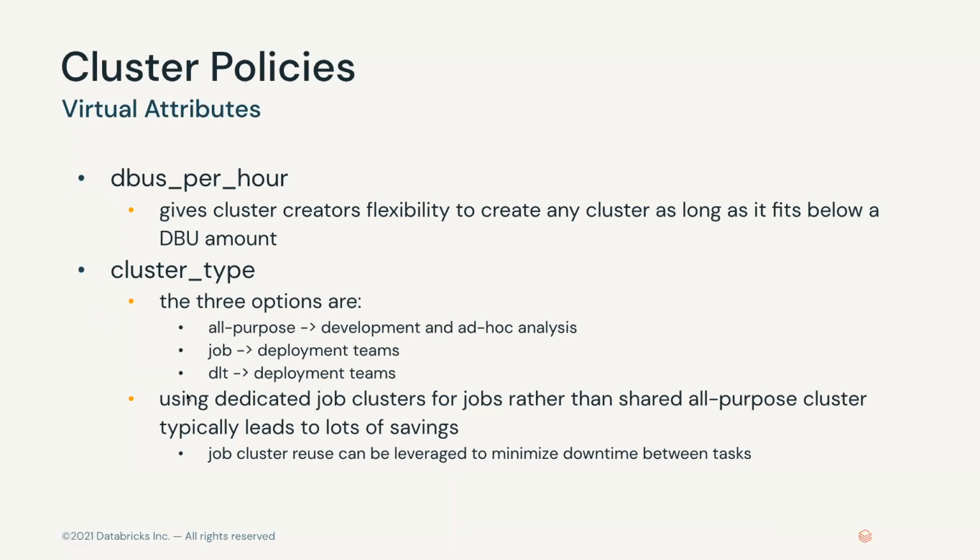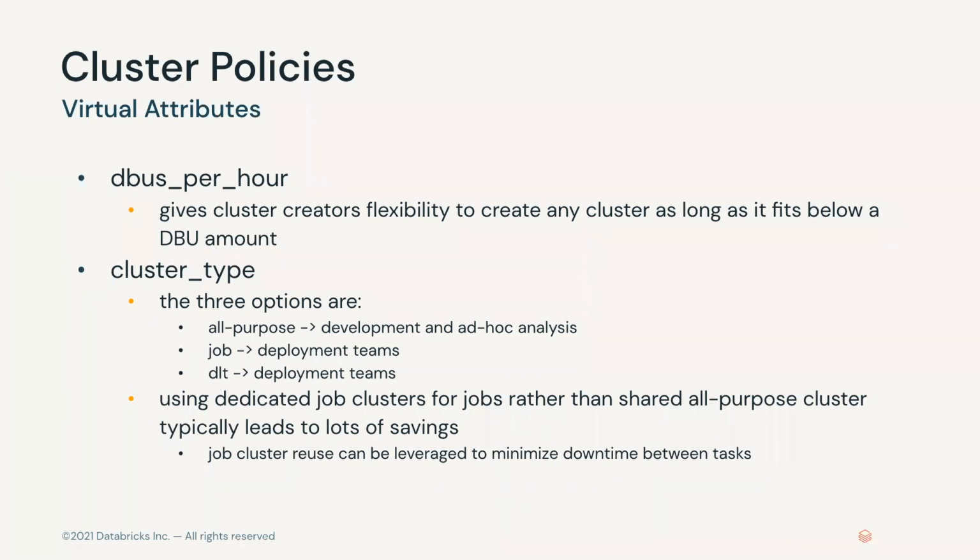And I think the other thing that's important to consider is that sometimes I've seen organizations use all-purpose clusters to run jobs. Those all-purpose clusters typically end up costing more money because they have higher rates than job clusters. And so oftentimes it's great to look for any places where jobs are being run on all-purpose clusters and instead use a job cluster for that.